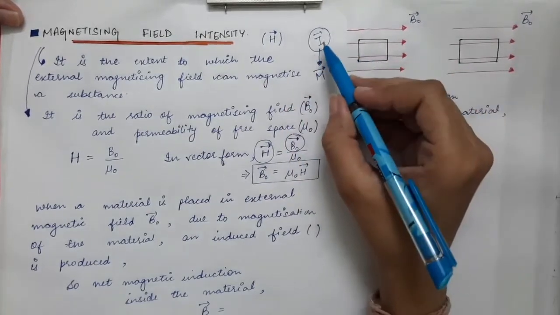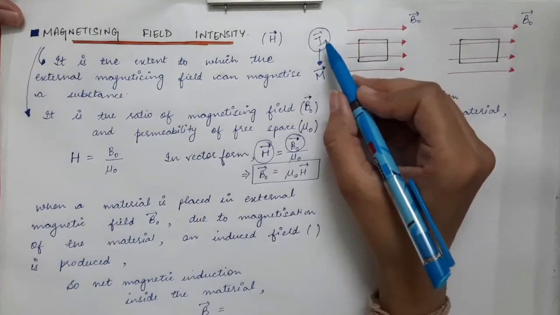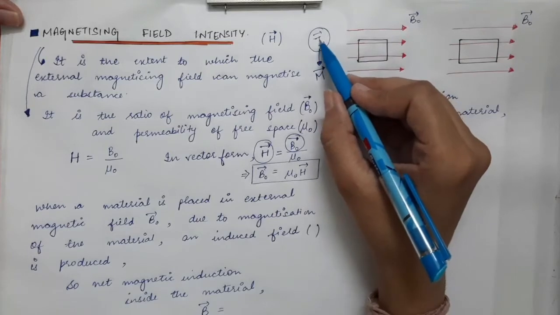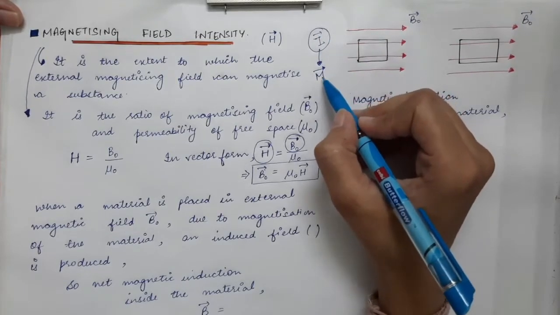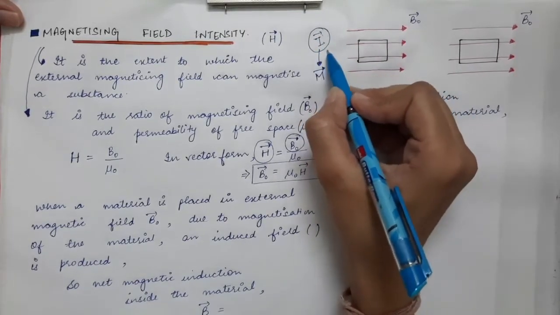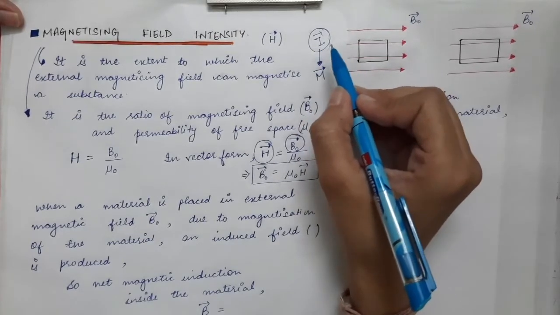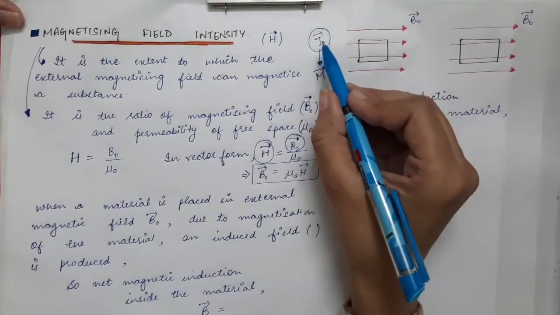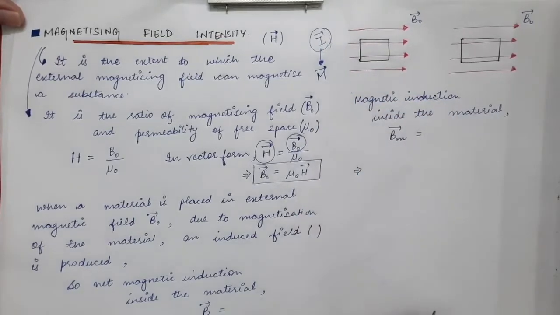In the previous lecture the intensity of magnetization was denoted by I vector, but in this lecture we are denoting it by M vector, because the symbol I will be used for current. So to avoid confusion, we will write the intensity of magnetization by M vector.